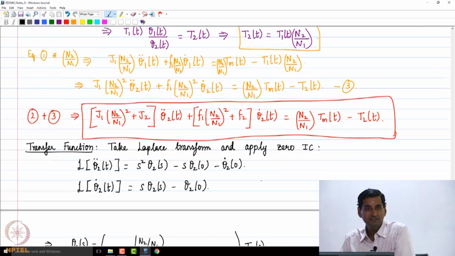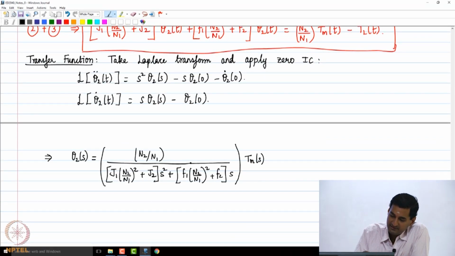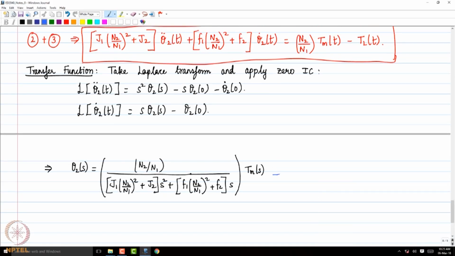That is what the first term is, on the right hand side. Then we have another term, the load torque: minus 1 divided by the same denominator, J1 times N2 by N1 whole square plus J2 s square plus F1 times N2 by N1 whole square plus F2 s, the whole thing multiplying TL of s.